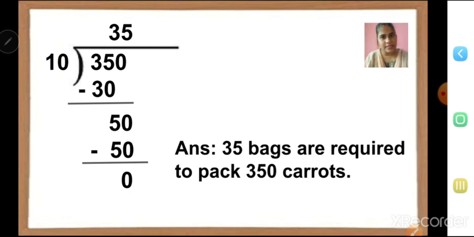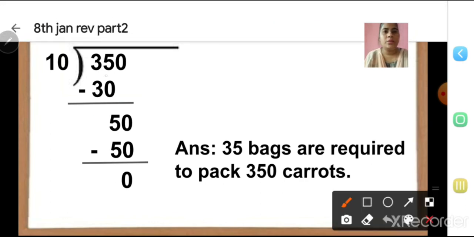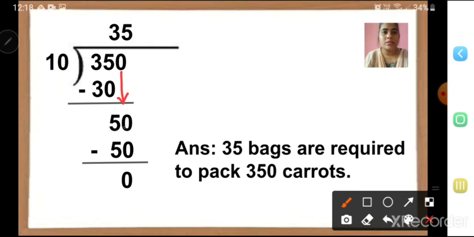We all know 10's table. Because it is a 2-digit number, we have to take 35. So 10 3s is 30. 5 minus 0 is 5, 3 minus 3 is 0. Then the next number, 0, will come down. We got here 50.